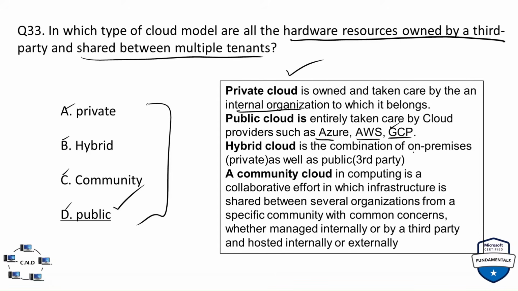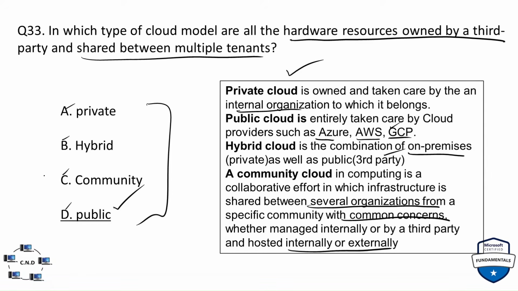Hybrid cloud is a combination of on-premises, private, as well as the public or third-party cloud. Another term is the community cloud, a collaborative effort in which an infrastructure is shared between several organizations from a specific community with common concerns, whether managed internally or by a third party and hosted internally or externally.